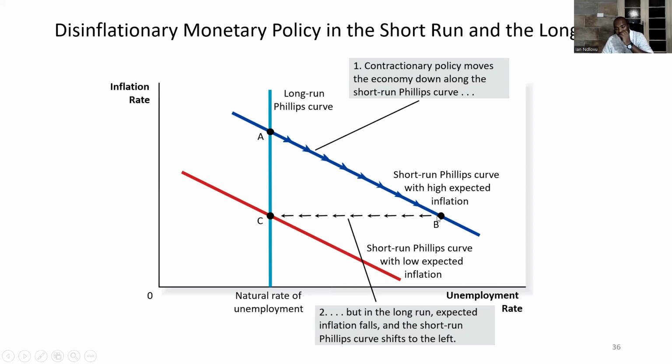But in the long run, there is a movement from point B to point C as the economy shifts to a lower short-run Phillips curve.